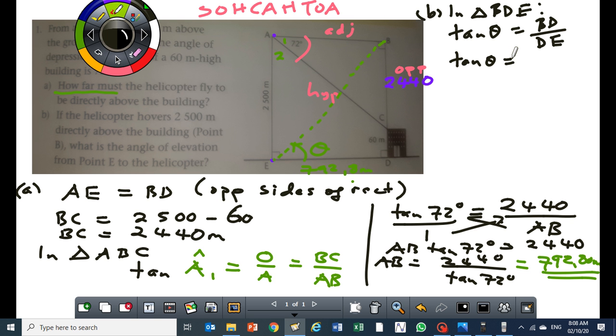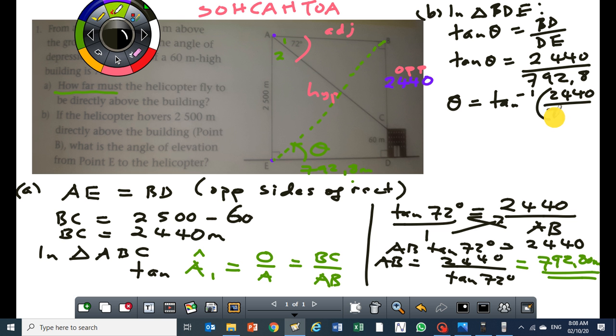BD is 2,440. And DE is 792.8. Now we can use shift tan or arctan. So our theta is going to be arctan of 2,440 divided by 792.8.